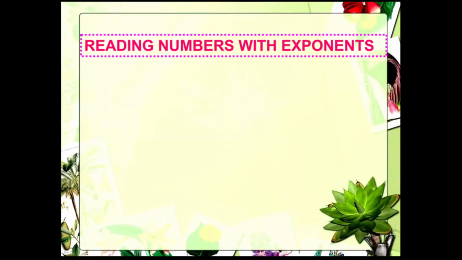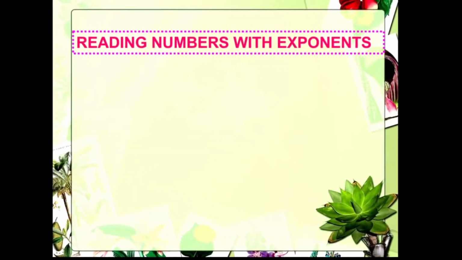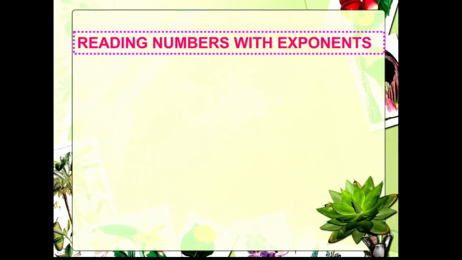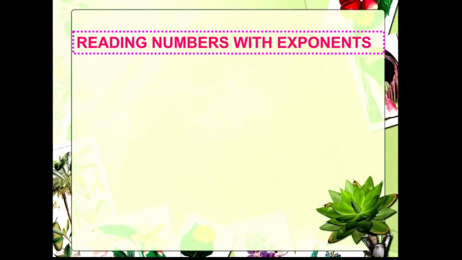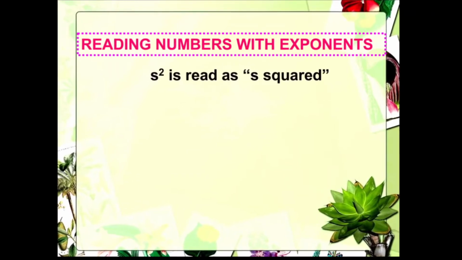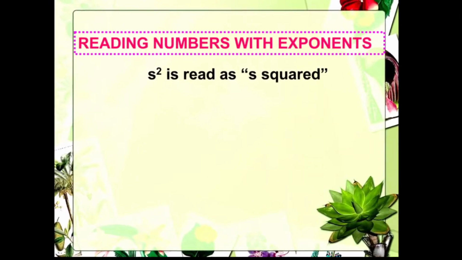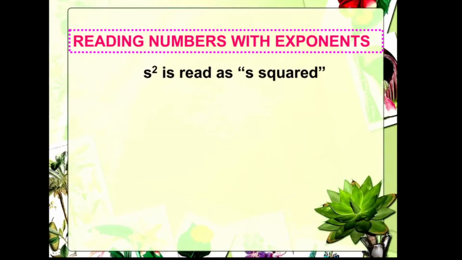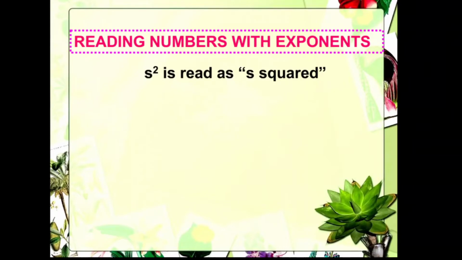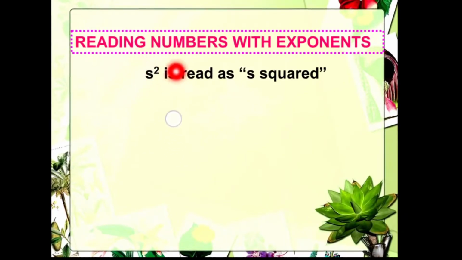There are verbal phrases that have exponents, so you have to be familiar with how to read numbers with exponents. For example, we have s with 2 as the exponent. We can read that expression as s squared. If the exponent is 2, that is automatically squared.